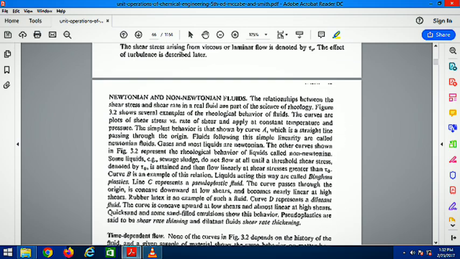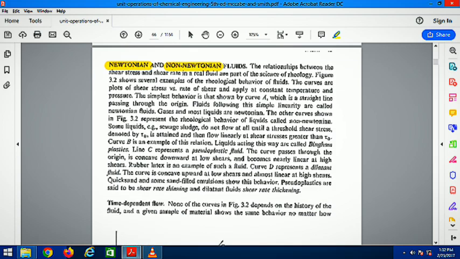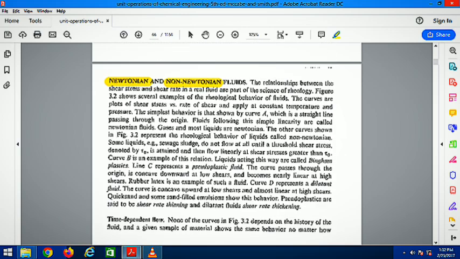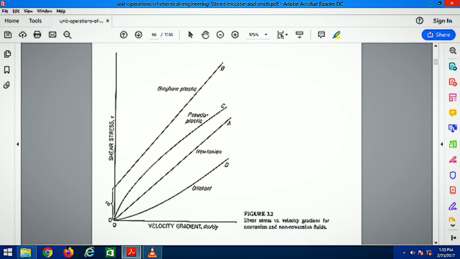Next we move on to Newtonian and non-Newtonian fluids. Newtonian fluids obey Newton's law of viscosity, so the shear stress is directly proportional to the velocity gradient. For non-Newtonian fluids, it is proportional to the velocity gradient to the power n. If we plot shear stress against velocity gradient, and n is greater than 1, then it is a shear thickening fluid, that is dilatant.